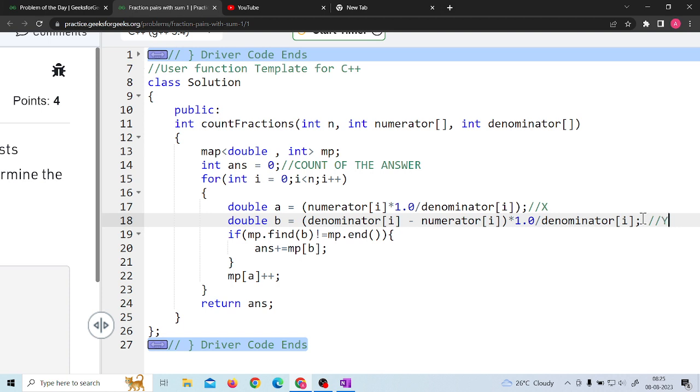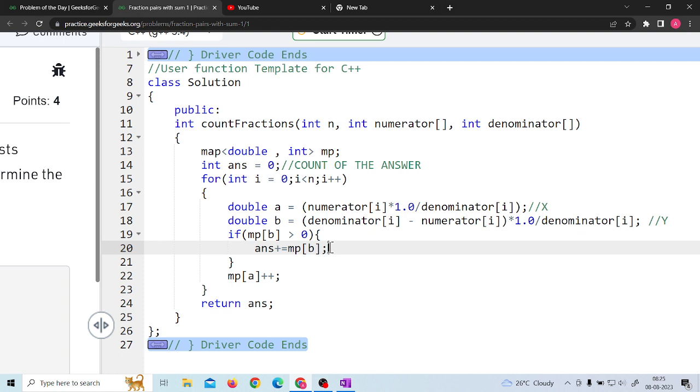So now we need to check if y is present till now any time or not. In case mp.find(b) is not equal to end, you can also do this: mp of b is greater than or equal to 0. If it is, I will simply add to the answer: answer plus equals mp of b. I mean the frequency of b I am adding, because that many times I am able to make a pair of a and b.